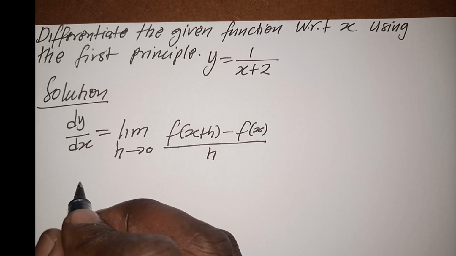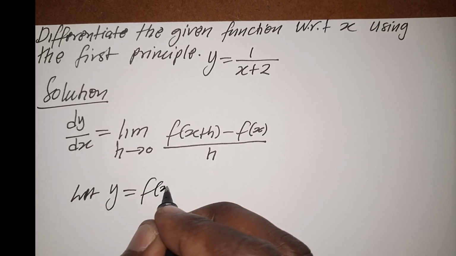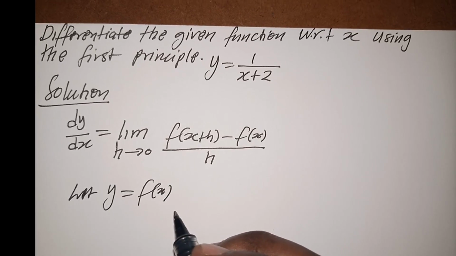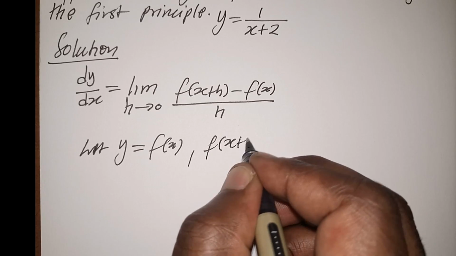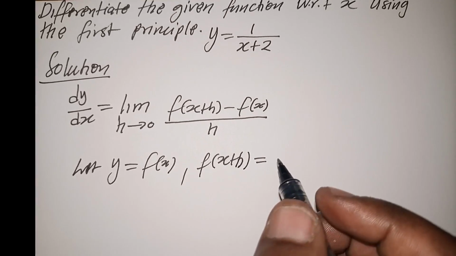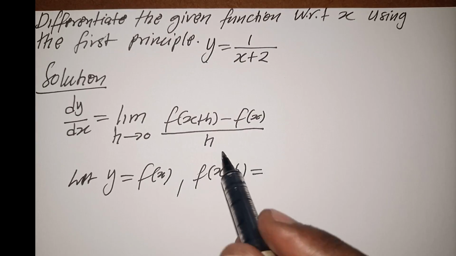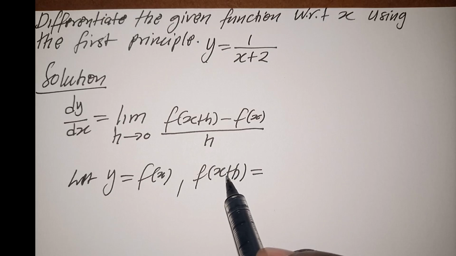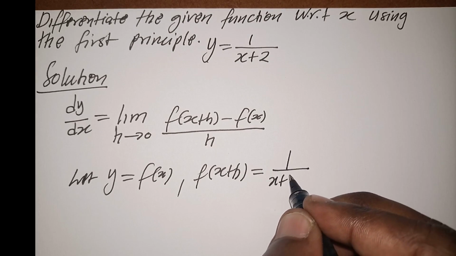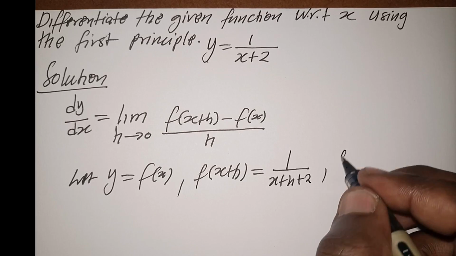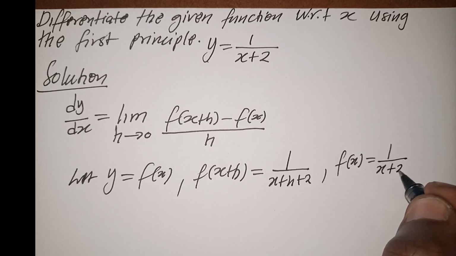So in our case, we're going to let the y function be equal to f of x, and then we should find f of x plus h. This is our function, this is our new f of x now. So where there is x, we put x plus h, so that we have 1 over x plus h plus 2. Then our f of x is just the given function.